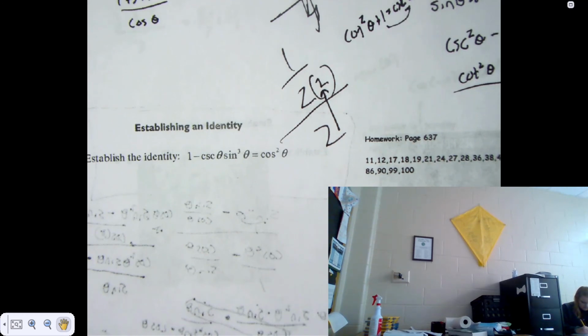Boys and girls, you have a sine in the denominator, and you have a sine cubed in the numerator. I know that's what you have. Those simplify. You have a sine cubed up top, you have a sine in the bottom. Those simplify. You got x squared up top and x in the bottom, you know what to do. That's why I said it doesn't hurt to think about these things as x's and y's. Sure, there's nothing wrong with it.